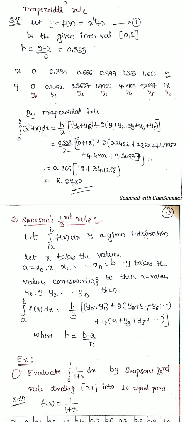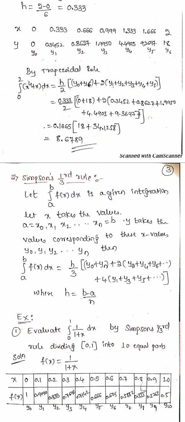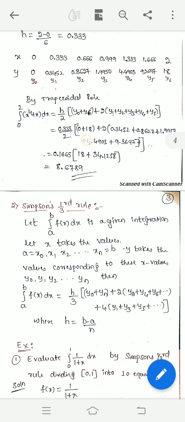Okay, now we are going to substitute all these values in the above formula, where h is equal to 0.3333 divided by 2 into (y0 plus y6, that is 0 plus 18, which is 18) plus 2 into the sum of all the remaining terms.